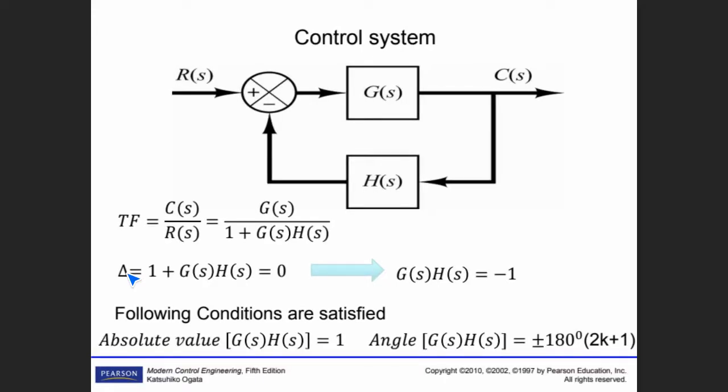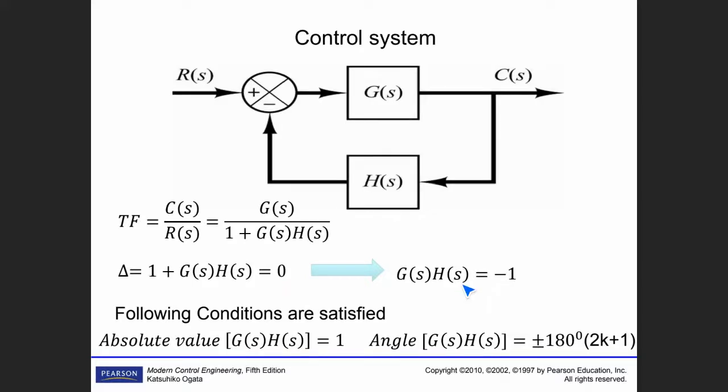Poles are locations, you know that. Poles could be real, could be complex, could be equal to each other, real. That's a critically damped case. Anyway, delta, 1 plus G(s)H(s) equal to 0, is the characteristic equation.